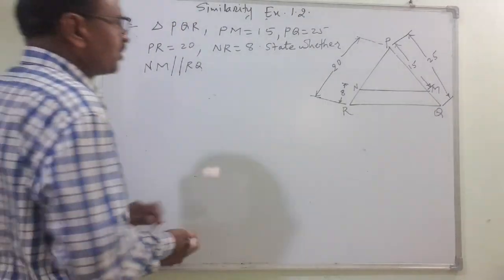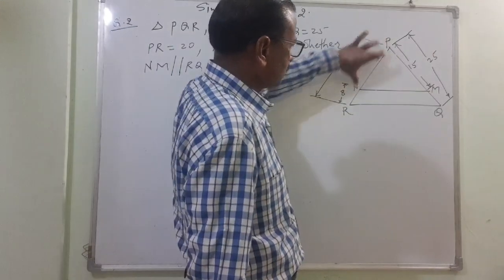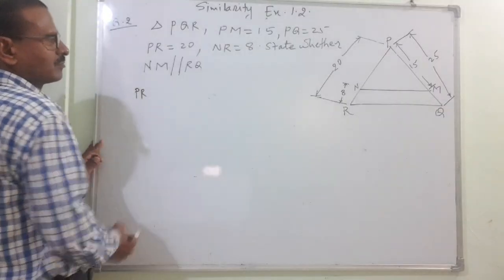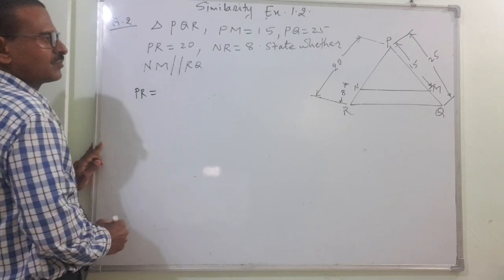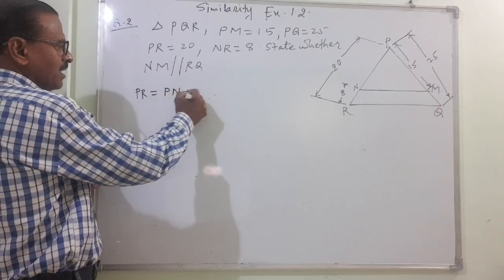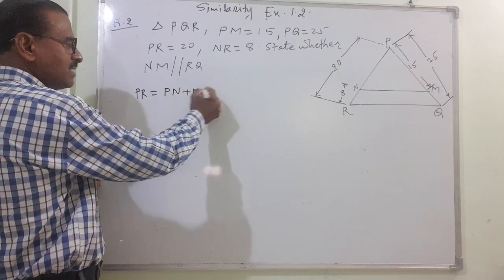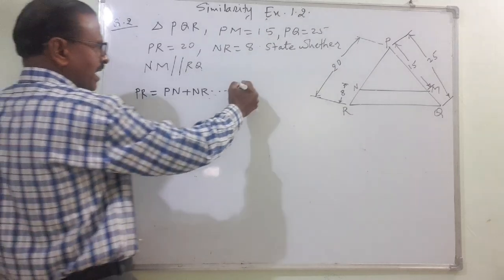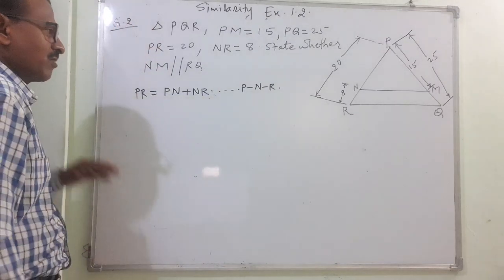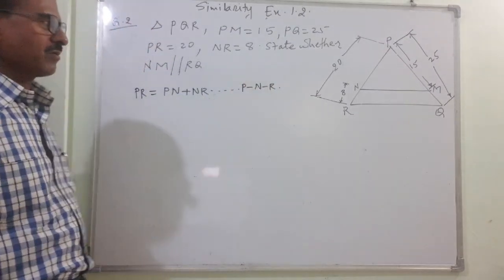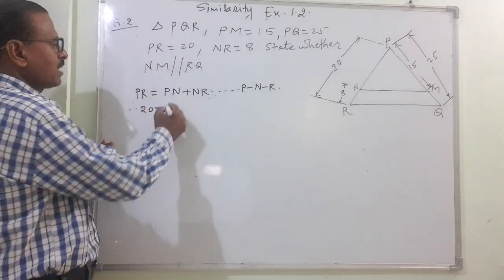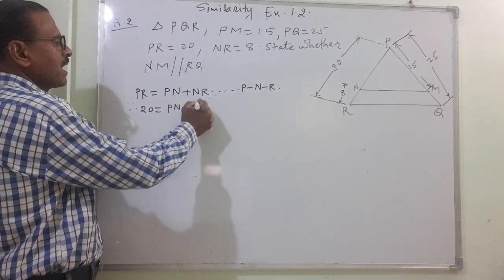So what I will do is find this. PR is equal to PN plus NR, because P, N, R are lying on the same line. Therefore, PR is 20, PN I don't know, I have to find it, plus NR is 8.